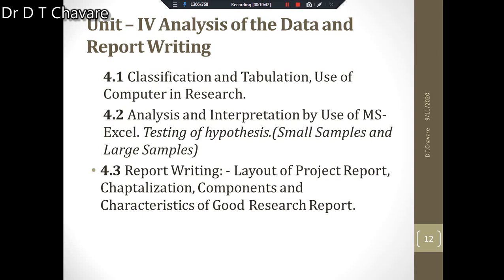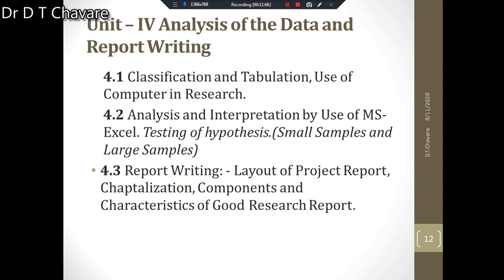Chapterization means different types of chapters are there, and in each chapter different components are also included, and those components you also have to understand. Then you have to study the characteristics of a good research report. What are the features and characteristics of a good research report? Those characteristics you also have to study.